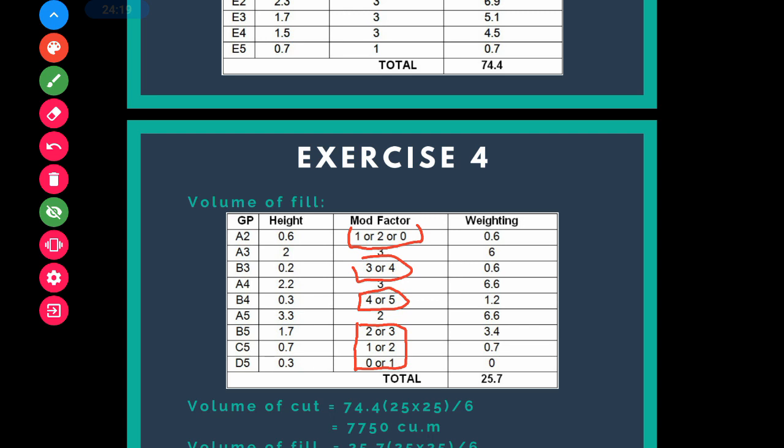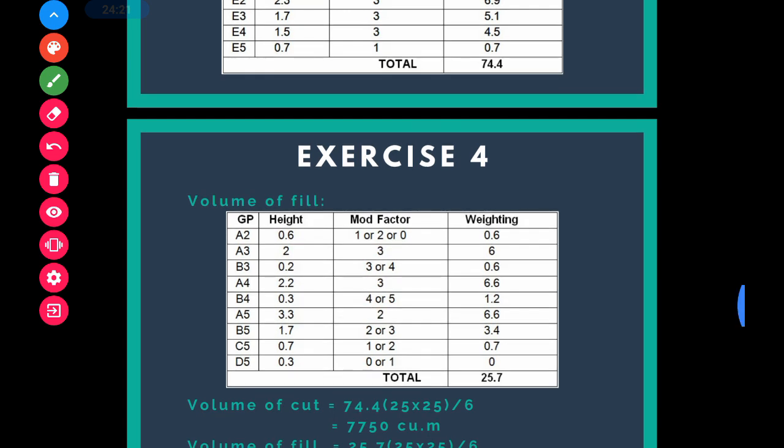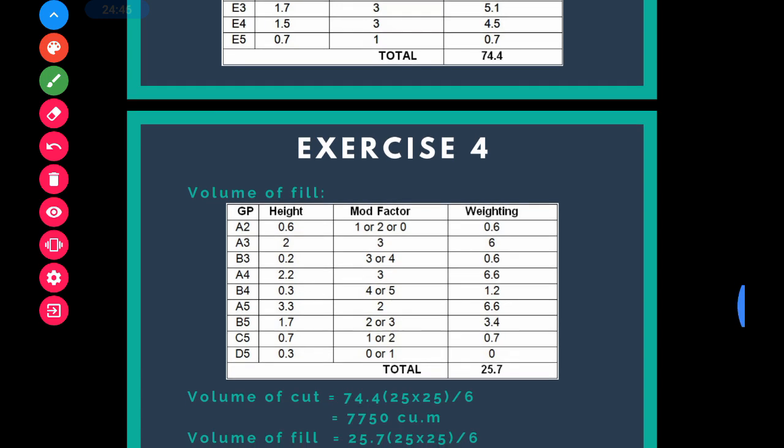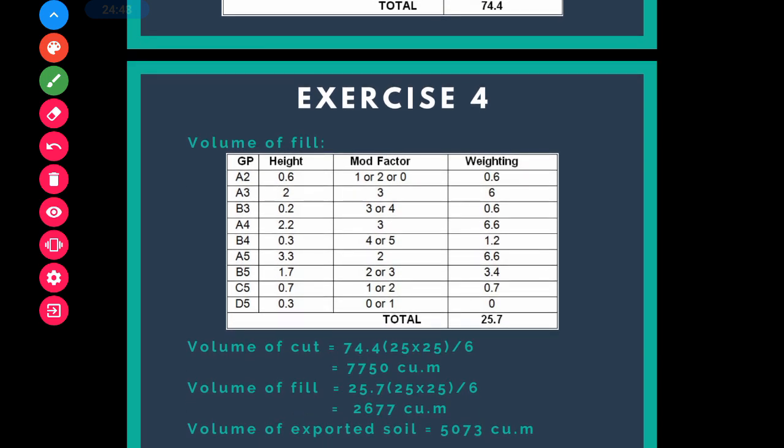For example, for B4, when you count the triangles, some students may judge it as 4, some may judge it as 5. So there is flexibility for the answer. Students need not be afraid about which one is right or wrong, because both are correct.